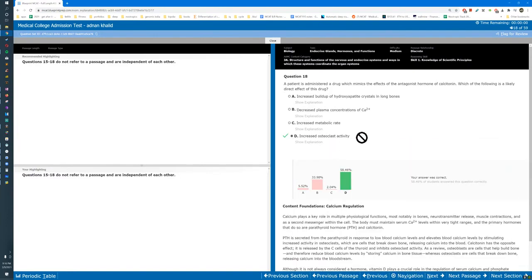Okay, this is another question where you can answer just by looking at how everything does the same thing except for this one. I kind of forgot exactly what calcitonin did. It can do two things basically: it can take calcium from your blood and put it into your bones, or take calcium from your bones and put it into your blood. This is going into your bones, which means it's less in your blood.